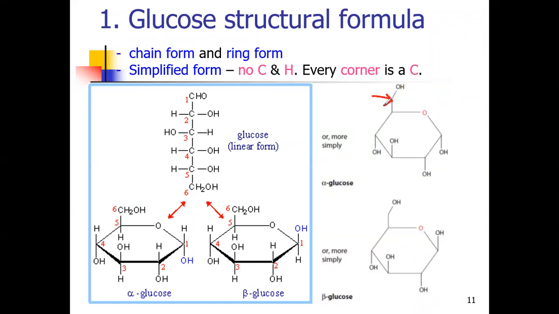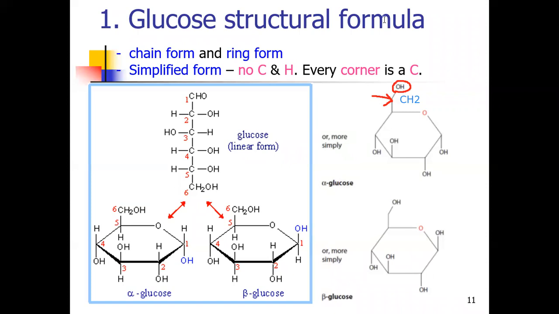Every corner that bends, if you don't write anything there, that means there's a carbon here. So this carbon is CH2, so CH2OH. Okay, so this is a CH2 here, at this corner, followed by OH.